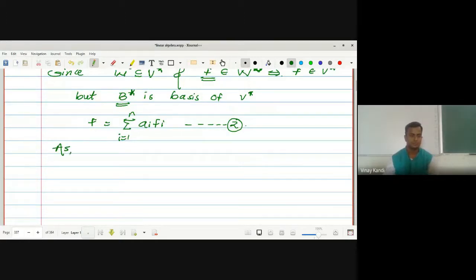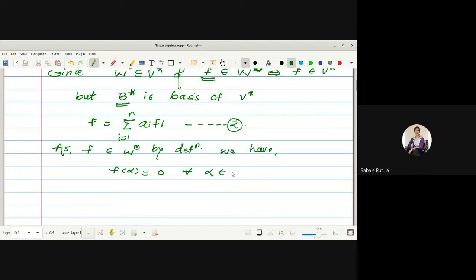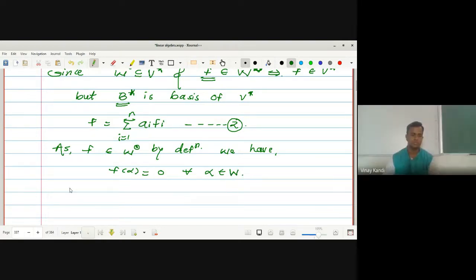Now, as F belongs to the annihilator of W, by definition we have F of alpha is equal to 0 for all alpha belonging to W. Okay, annihilator of W. So this implies F of alpha j is equal to 0, for j running from 1, 2, 3 up to m.